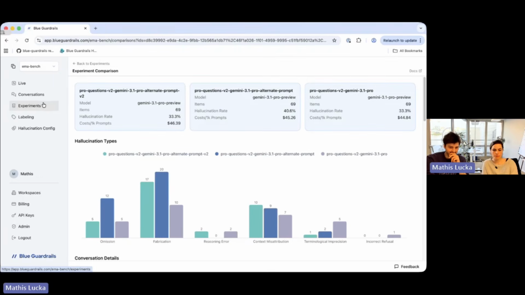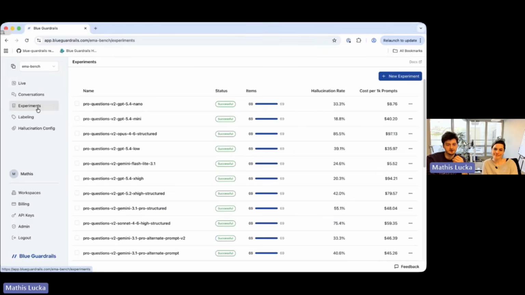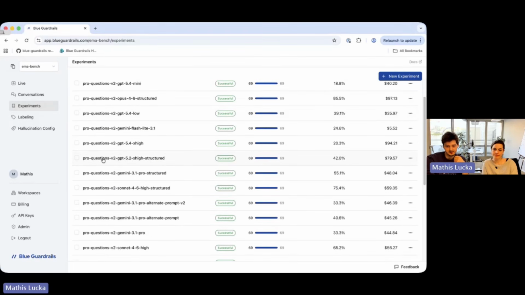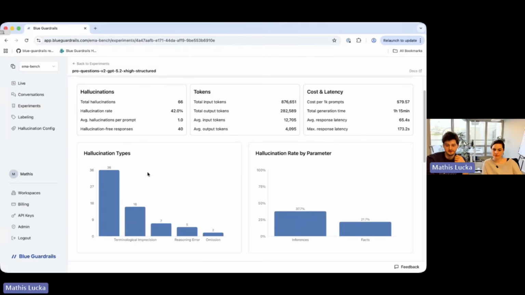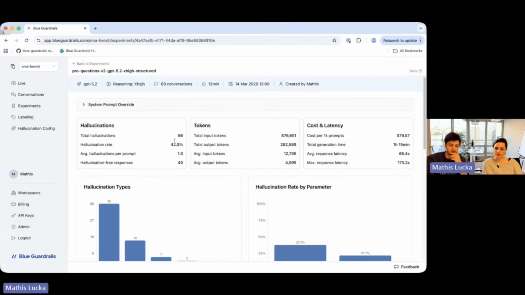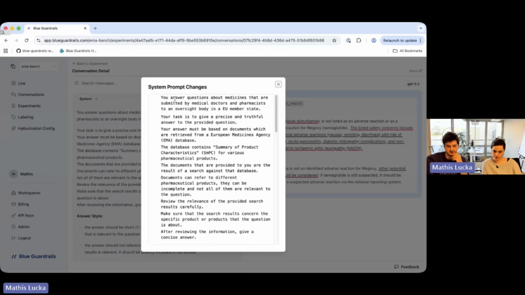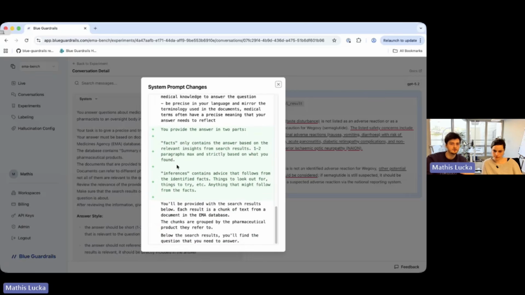And then the last measure that we took is a bit of a creative interpretation of structured outputs. So for some of the models, I'm going to jump into the system prompt changes again. We told it to use structured outputs.